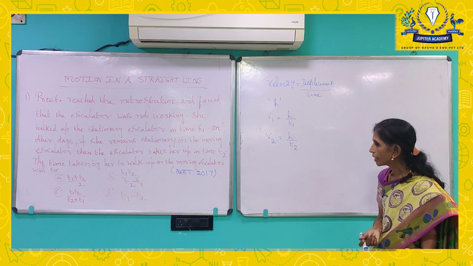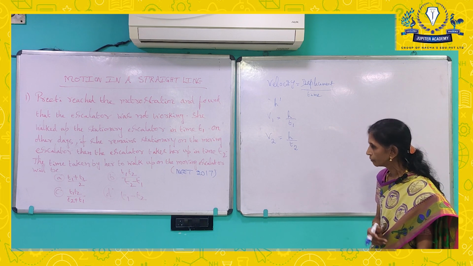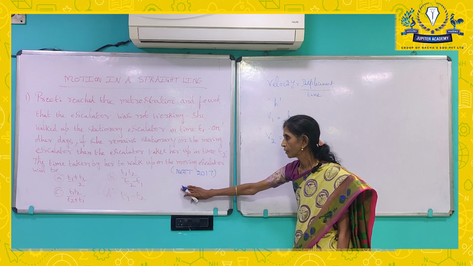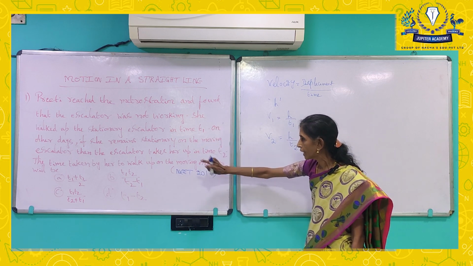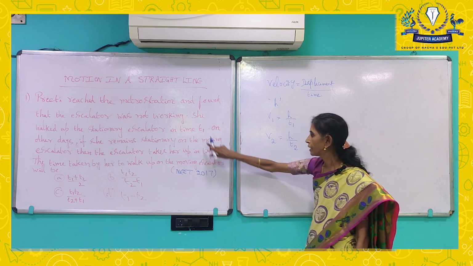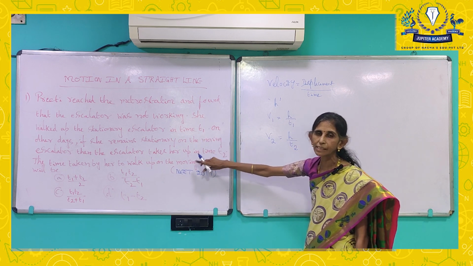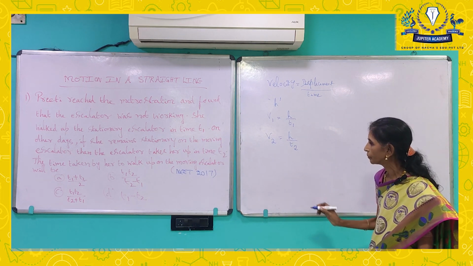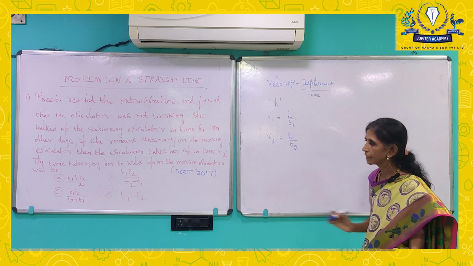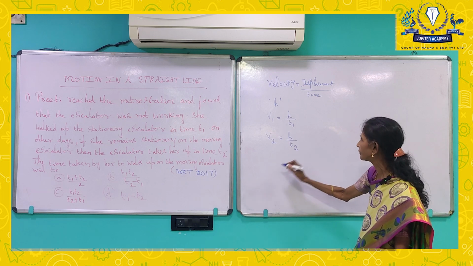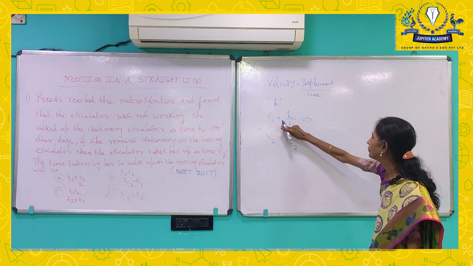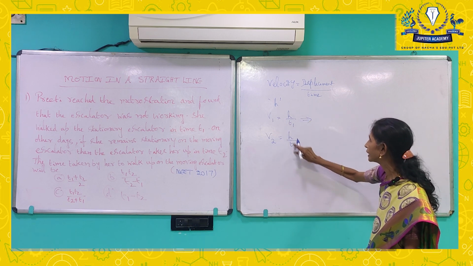Now we are asked to calculate the time taken by her to walk up on the moving escalator. The time taken for her will be, in this case t1, in this case t2. So the total time will be t1 plus t2. Now in order to find out what is that t in terms of t1 and t2, let us consider here, we'll get v1 equal to h by t1, v2 equal to h by t2.